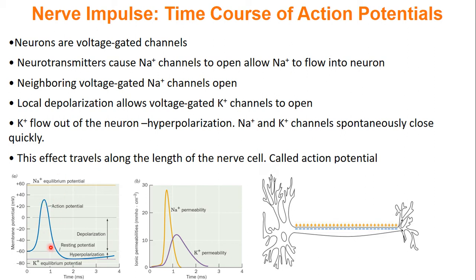Potassium opens as well to shut off the sodium channel that was next to it. So you have this very brief change in membrane potential that travels the length of your neuron until it ends here. Then you can send a signal to the next neuron, more or less propagating the whole signal throughout your body. And so that's how you can send signals through your neurons. It's just voltage-gated channels to do with sodium and potassium.